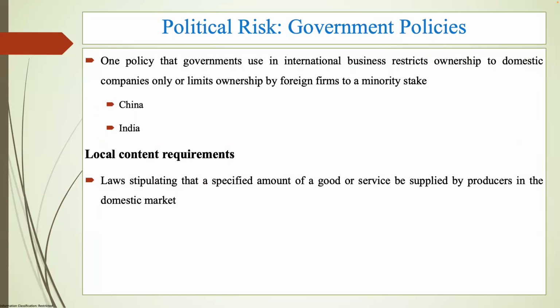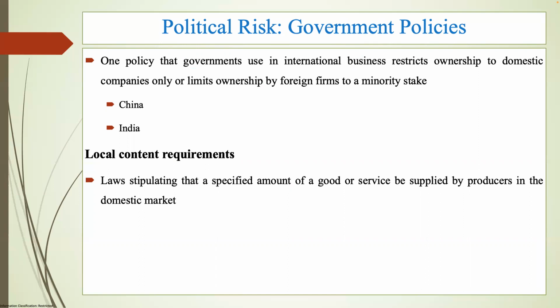Now, government policies. One policy that governments use in international business is to restrict ownership to domestic companies only, or limit the power of foreign firms to a minority stake.